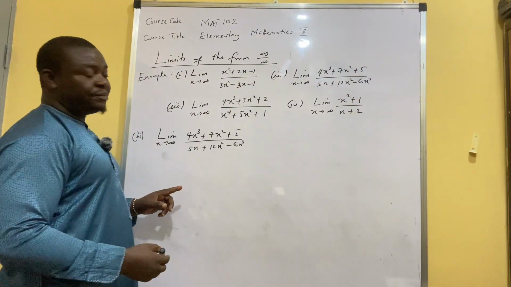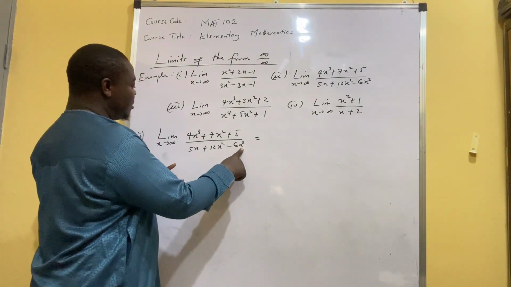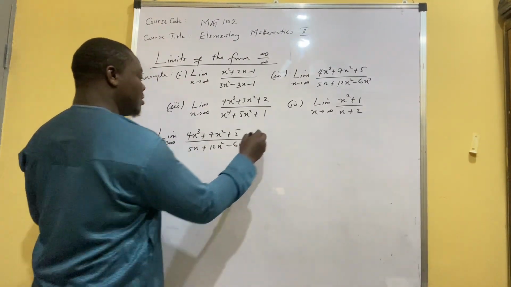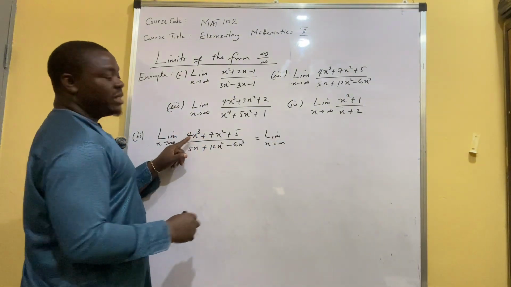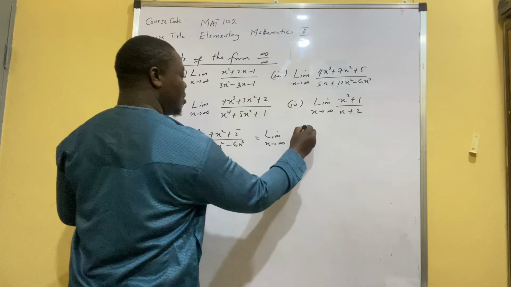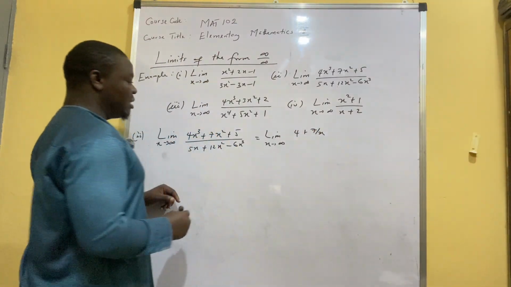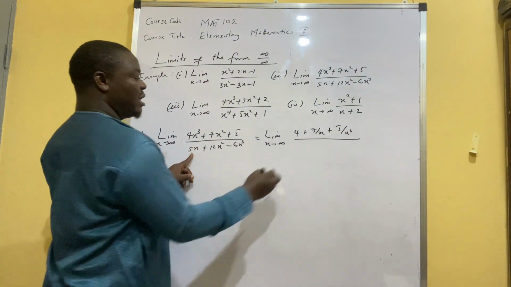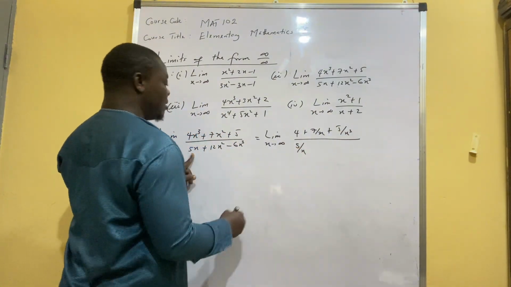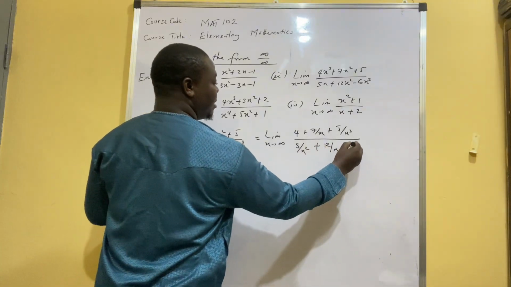The second example, we do the same thing. The highest power of x is x cubed, so we divide each term by x cubed. We have the limit as x tends to infinity. If you divide by x cubed, you're going to have 4 left, plus 7x squared over x cubed, that will give you 7 over x, plus 5 over x cubed, divided by 5 over x squared plus 12 over x minus 6.